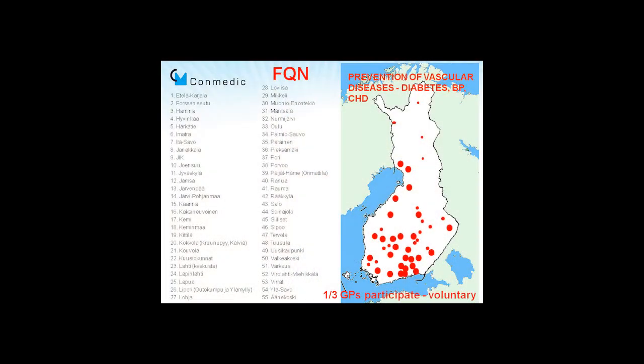And they don't have too much work for collecting data, and then if they collect, they do the whole quality cycle, not just the measurement part of it. It's a voluntary movement. About every third GP is participating, and because the GPs are working in large health centers in Finland, this movement covers quite a lot of the country.